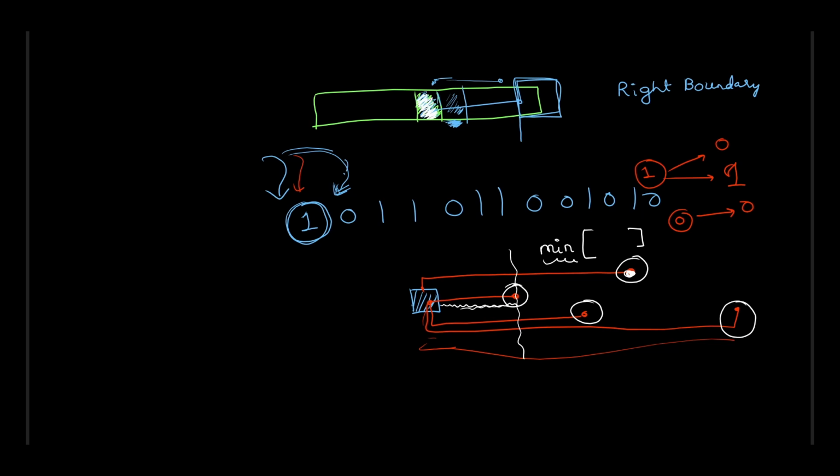You can do the same thing for the left boundary as well. Suppose for the left boundary, for the highest bit position, only these elements follow the condition. For the second highest bit position, this set of elements follows the condition. For the third highest, these elements follow the condition. But you have to realize that if you want to make the value equal to this element, then all the bits must follow the condition.